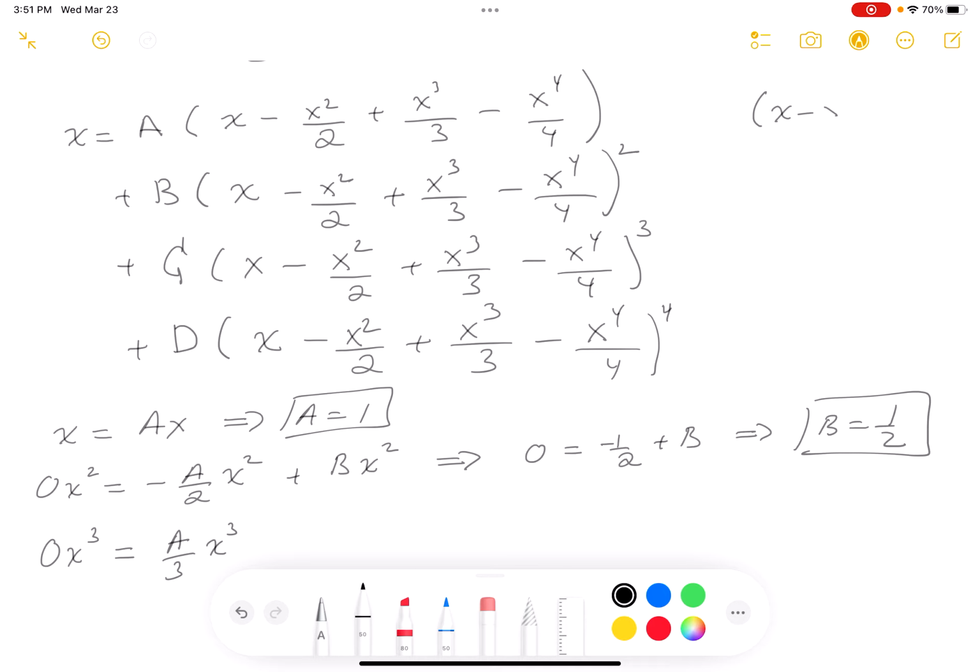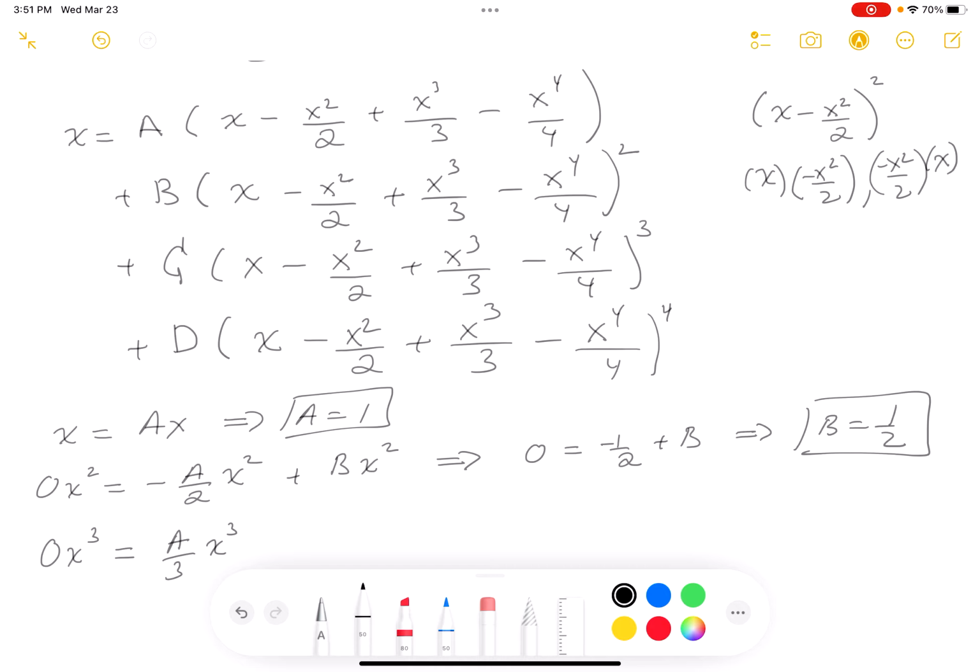x minus x squared over 2, squared. And I don't go to the cube because it wouldn't happen. So what would I get? I could get x times minus x squared over 2, or I could get minus x squared over 2 times x, which would give me what?